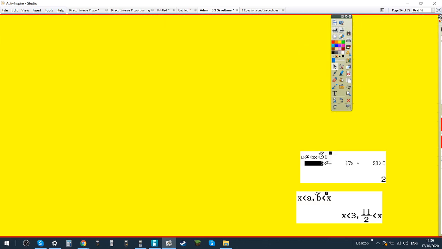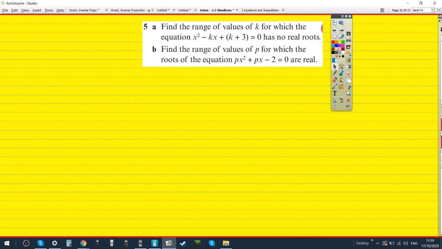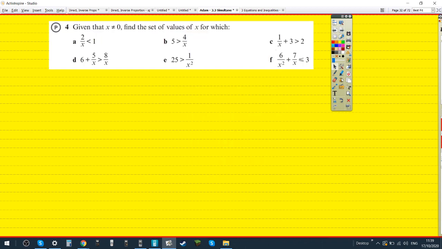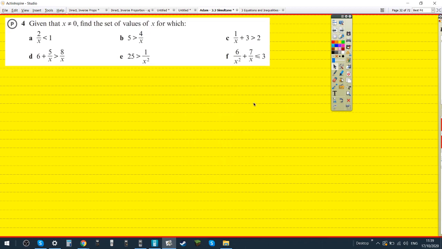Tricky one. Let me think. How would you start 4a? You'd square both sides. And how would that work? So it'd be 2x squared over x is less than x squared.